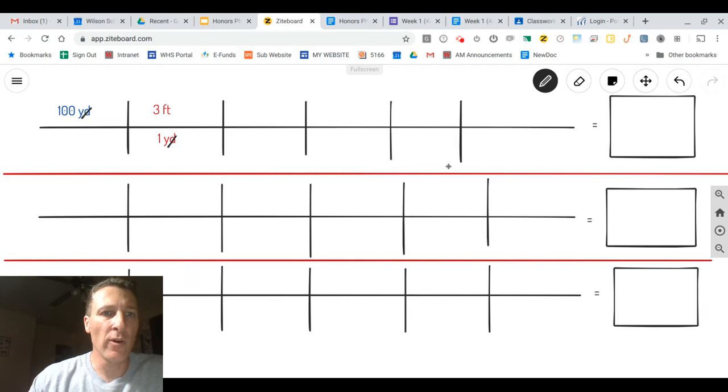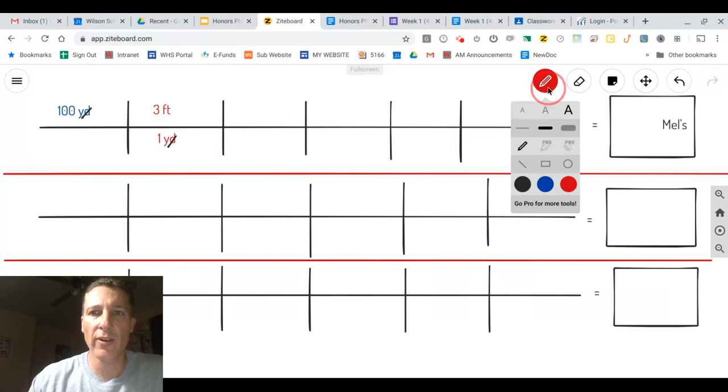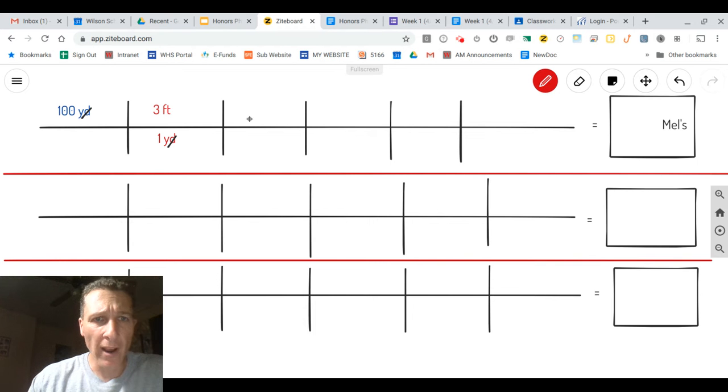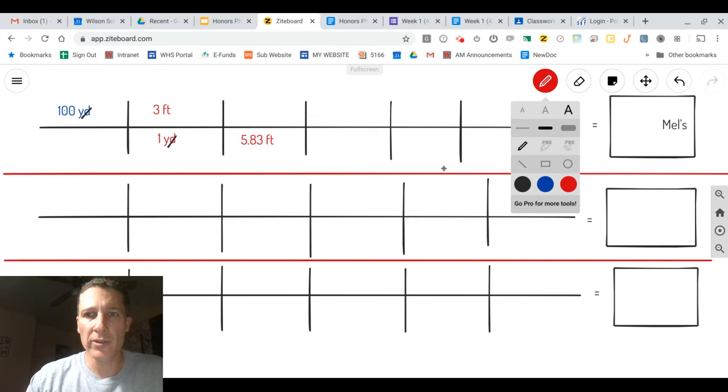But I don't want feet, I want Mr. Mel's. That's what I want here at the end. I'll just call it Mel's. So I need another conversion fraction where I know how many feet is equal to a Mr. Mel. 5.83, technically repeating, is 1 Mr. Mel.